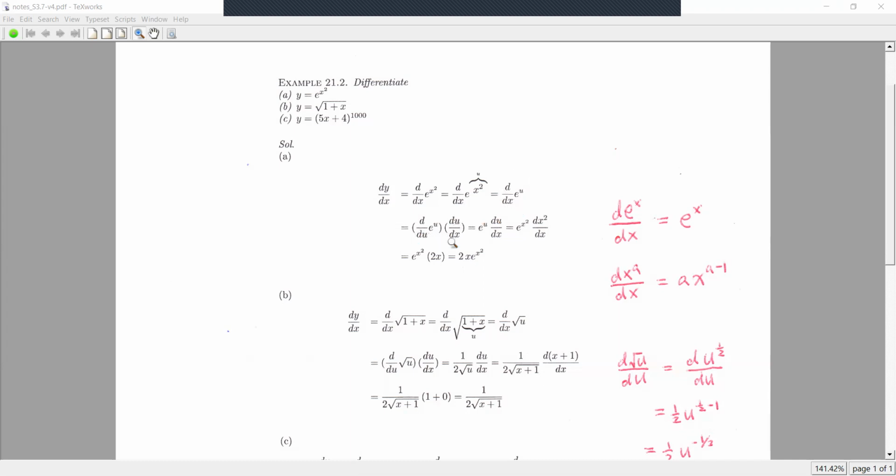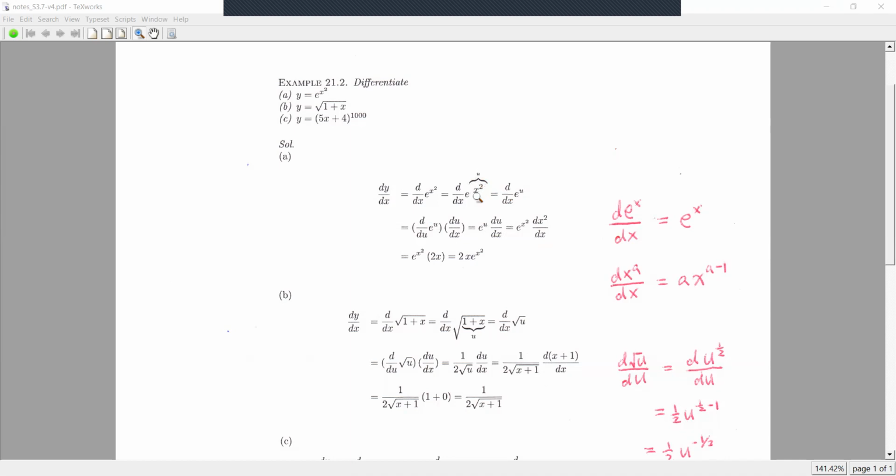This is a product of two derivatives. For this derivative, I can apply this formula to get e to u. The variable u is an intermediate variable. It is u equal to x squared.